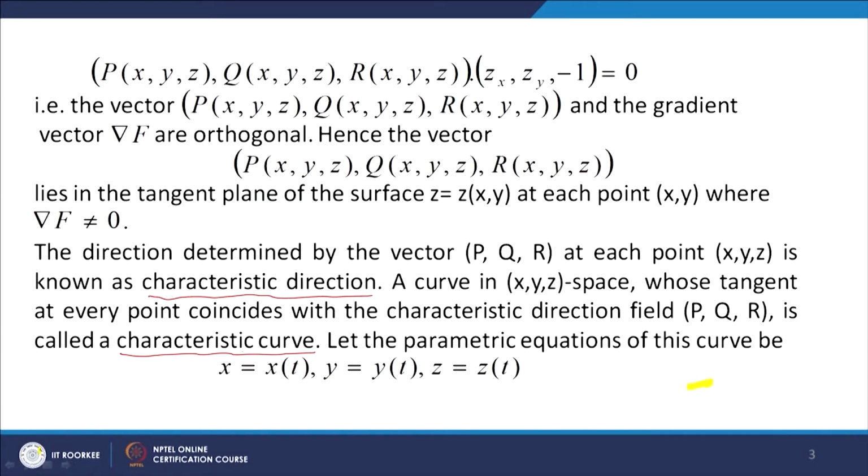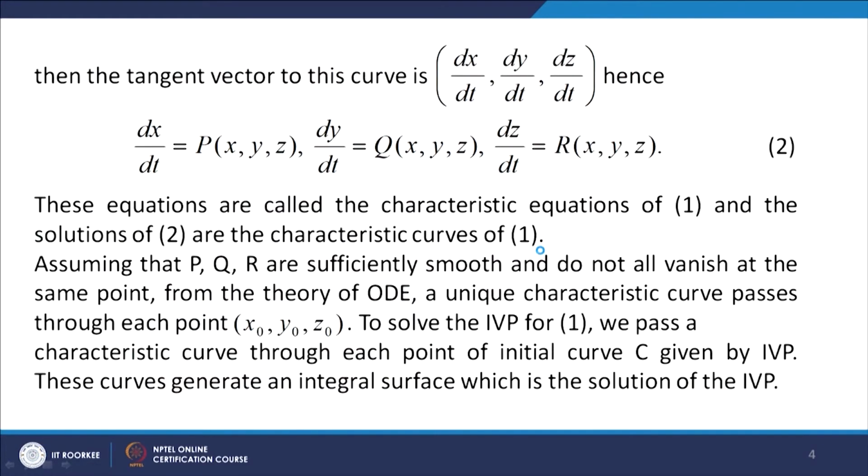Because this curve is a characteristic curve, at each point of this curve the tangent will coincide with the characteristic direction, and so dx/dt will be P(x, y, z), dy/dt will be Q(x, y, z), dz/dt will be R(x, y, z).